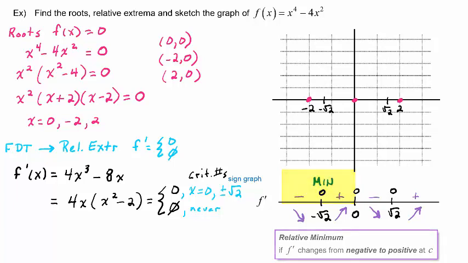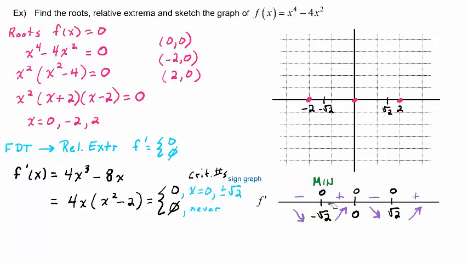So that means we need to evaluate f of negative rad 2. F of negative radical 2 is going to be negative radical 2 to the 4th power minus 4 times negative radical 2 squared. Now we know that rad 2 times rad 2 is 2, and then we have to do that again because we're taking it to the 4th power.